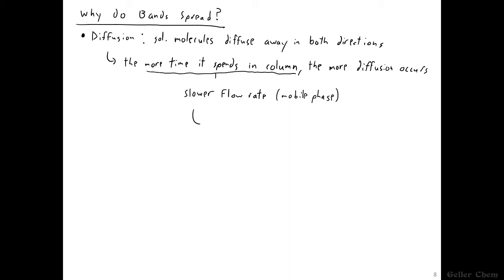And so there's this inverse relationship between the extent of peak broadening and flow rate, which has the symbol lowercase u. Okay, so that's flow rate.